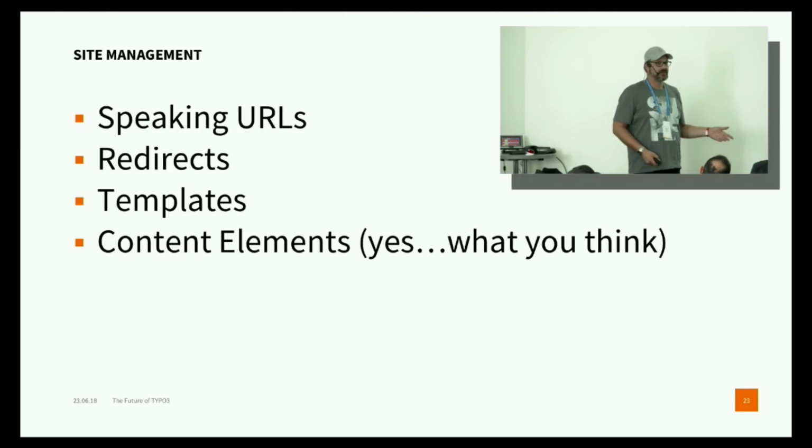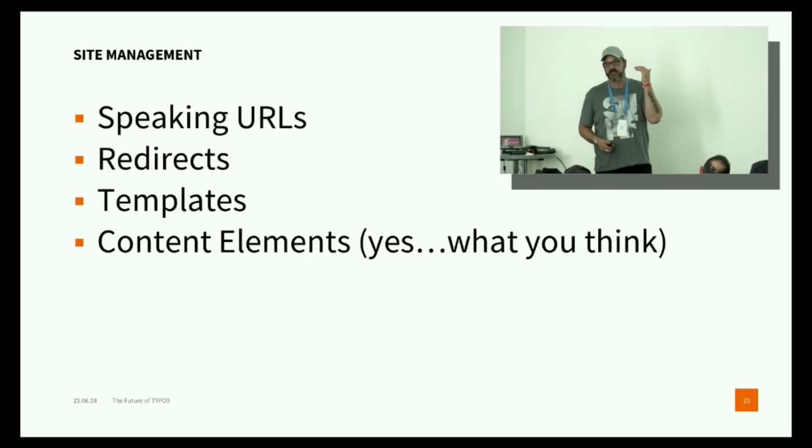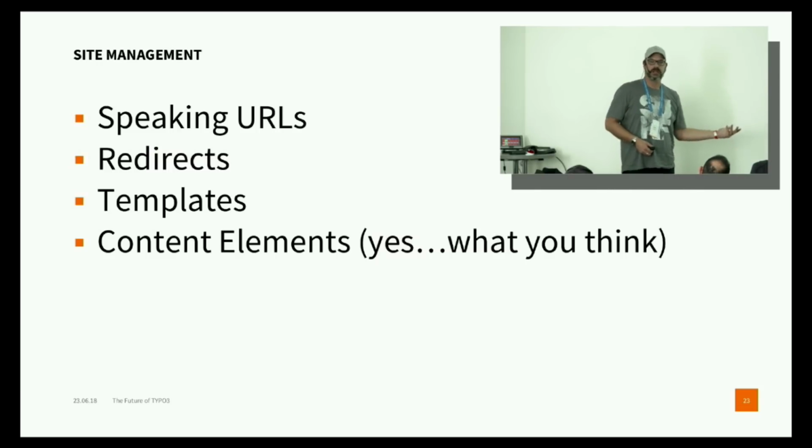So imagine you have a multi-brand site, and they need specialized content elements for brand A, which are not necessary in brand B. So what you do is you configure those away via page.tsconfig. We think it might make more sense to just register content elements per site. So if you set up a new site, you can basically say this site uses that template and needs this, this, and that content element, and you're done.